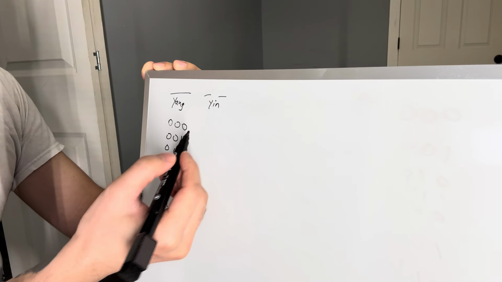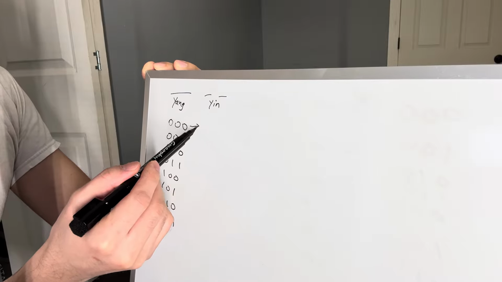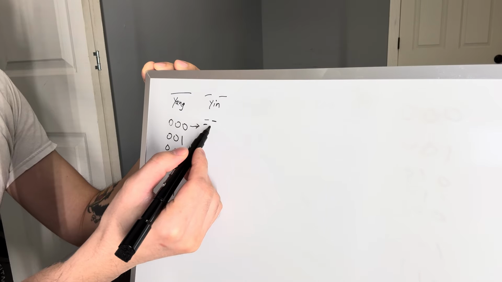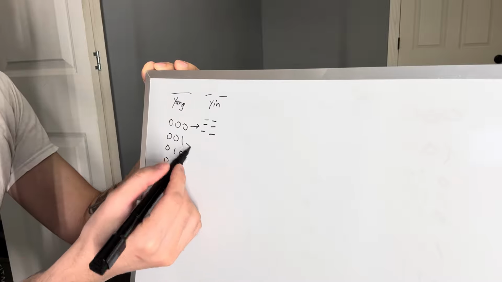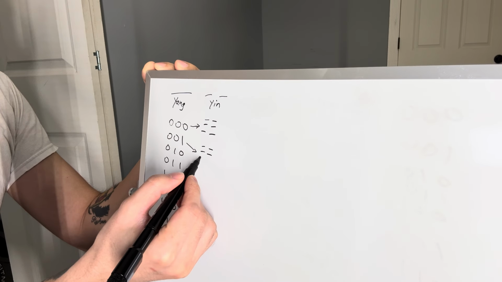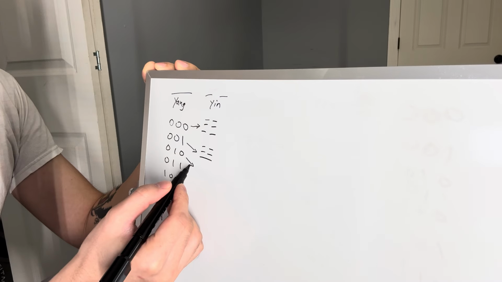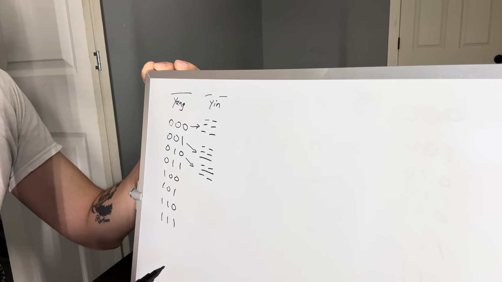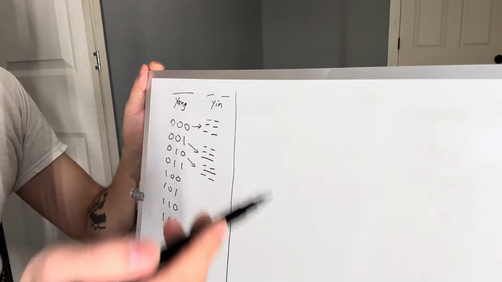So how do I use the I Ching to describe 000? It's going to be 3 short ones. The second one is going to be 2 short ones at the top and 1 long line at the bottom. And so forth. So let me write down all 8 signs here.